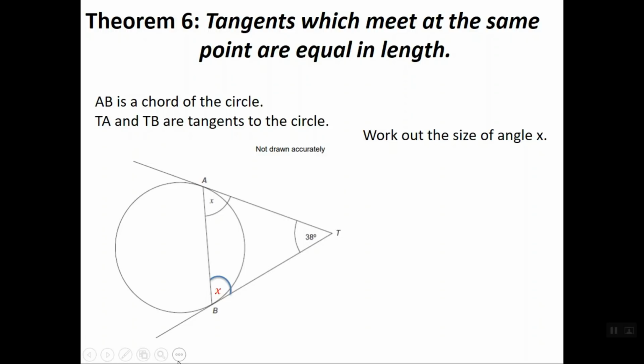So I take 38 degrees from 180 degrees and divide what is left by 2 to find my missing angle X. 180 degrees take away 38 degrees gives 142 degrees, and dividing by 2, X is 71 degrees.